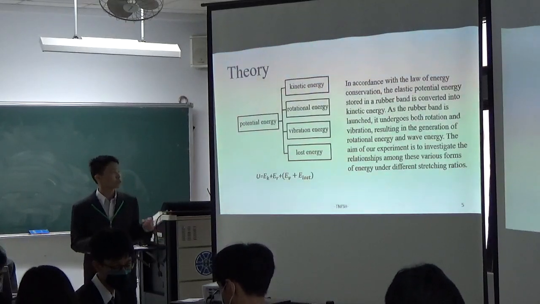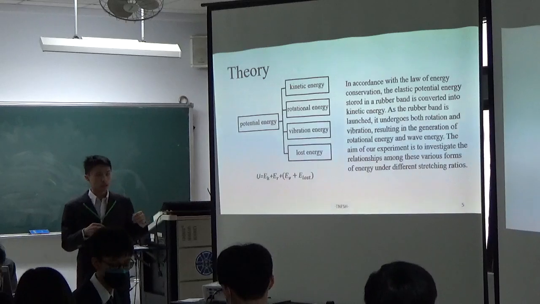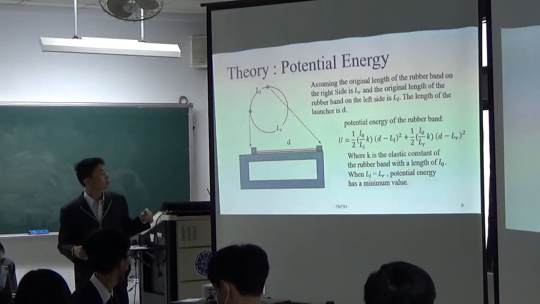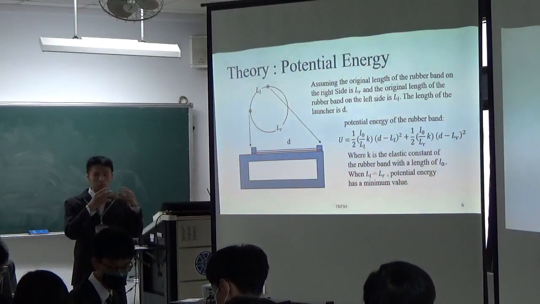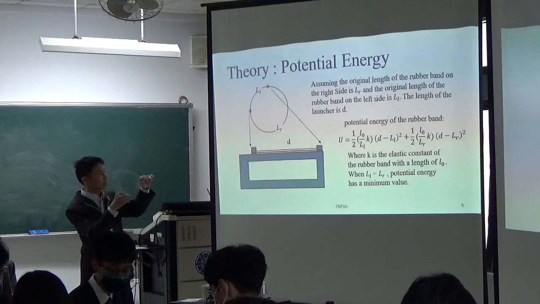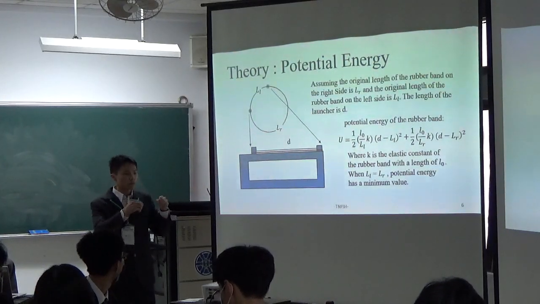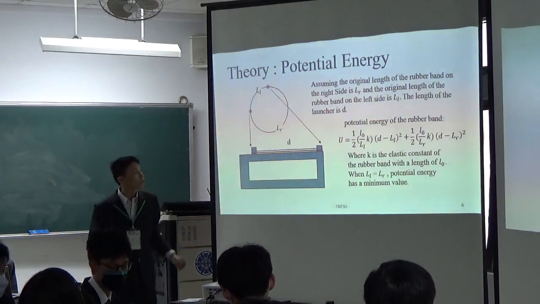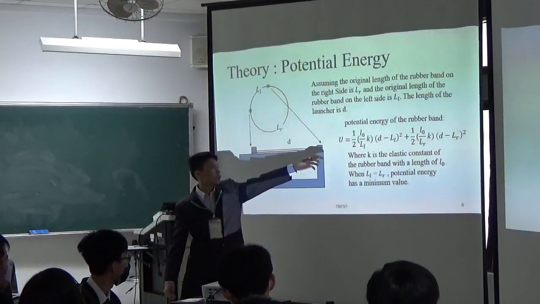So according to the law of energy conservation, we can calculate it. First, at the very beginning of this phenomenon, we have the potential energy of my rubber band, and so we can write down our formula just like this.